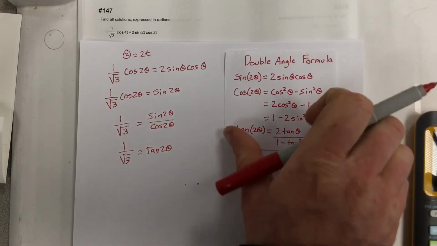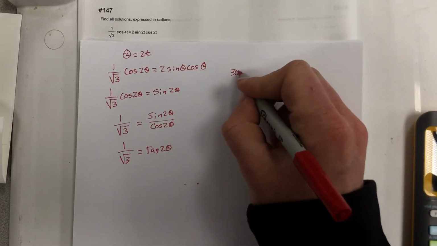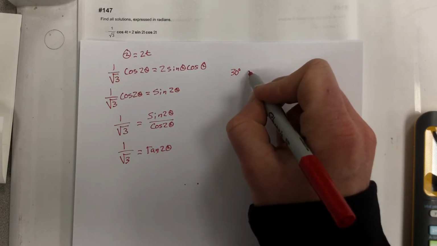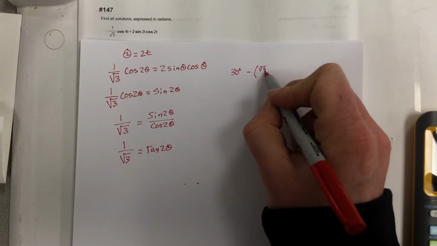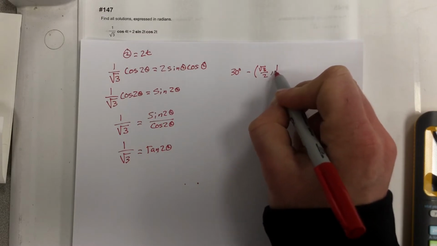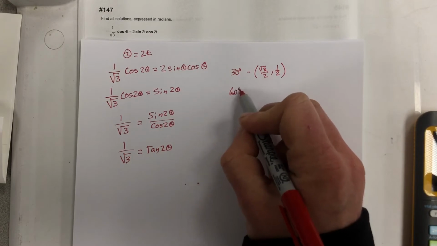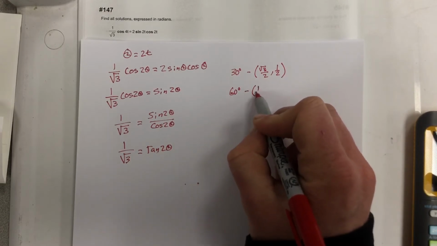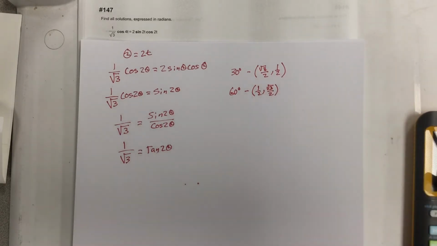Well, if I think back to the coordinates, the coordinate for 30 degrees would be root 3 over 2, comma 1/2. And the 60 degree coordinate would be the opposite of this, which is 1/2, root 3 over 2. Which one of these is going to give me 1 over root 3?